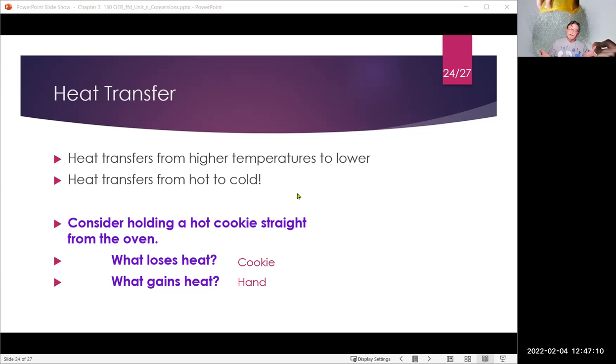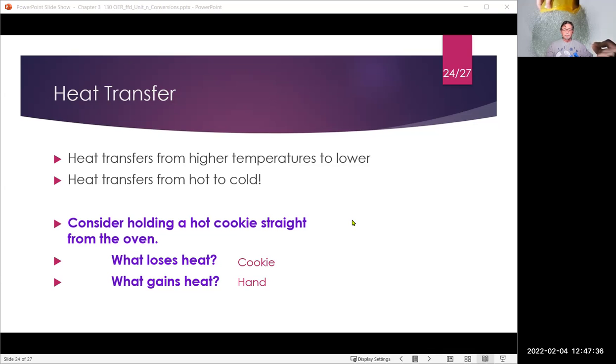Eventually everybody is going to get to whatever temperature the environment is, the ambient temperature. If it's room temperature, 25 degrees. If you're at the North Pole, you're all nice and warm, and you go outside, your temperature eventually, if you're not careful, will get down to freezing. It's a matter of always going from high to low.